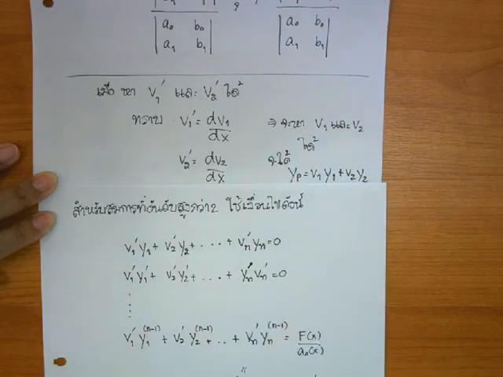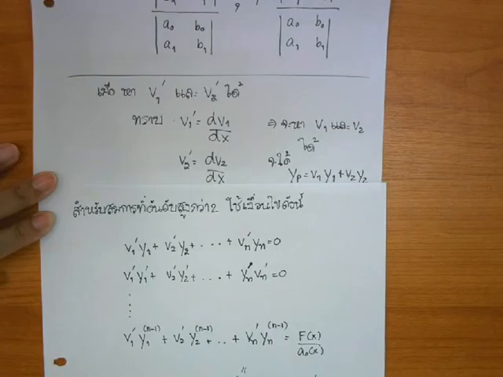If you want to know how many equations you should have: if it is a third order differential equation, you would get 3 equations. If it's a fourth order differential equation, you would get 4 equations.